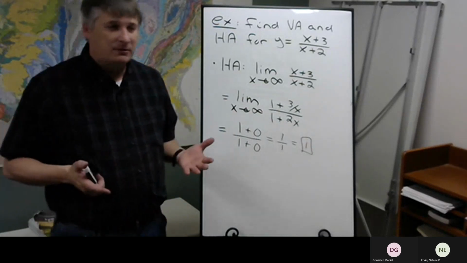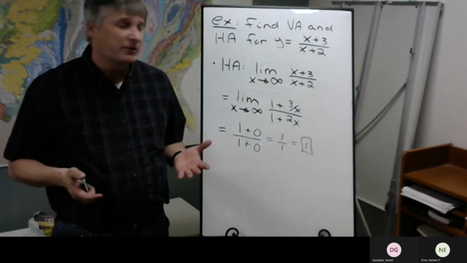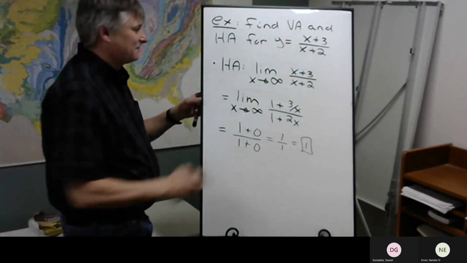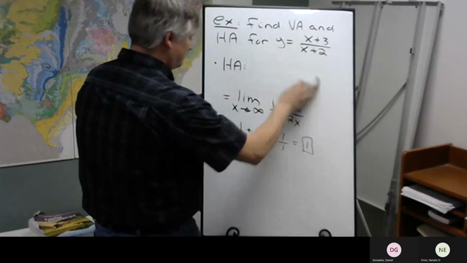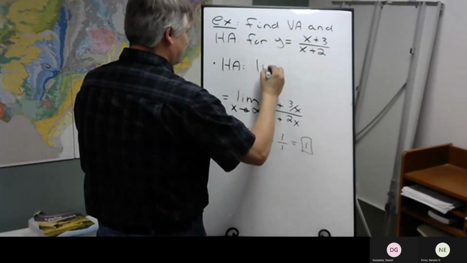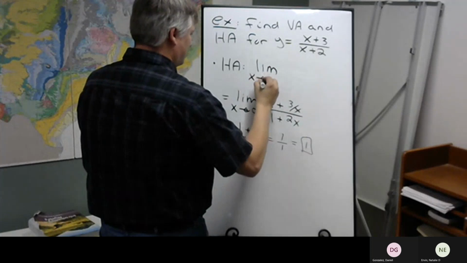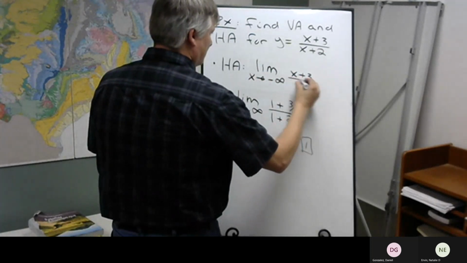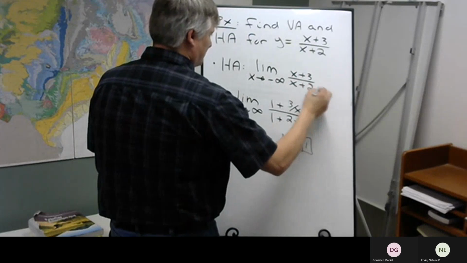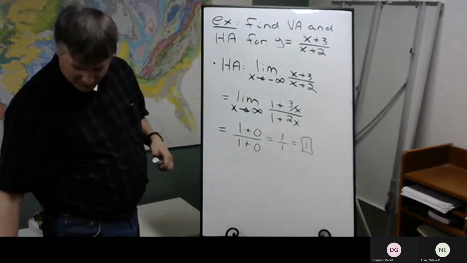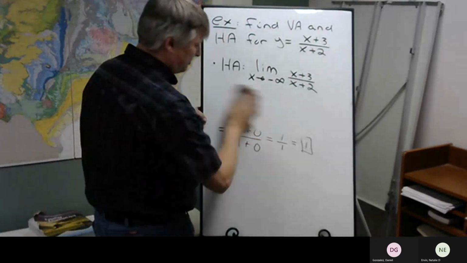So that's half of it. Now we've got to find what happens to this function as x goes to negative infinity. So it's going to be the same approach.